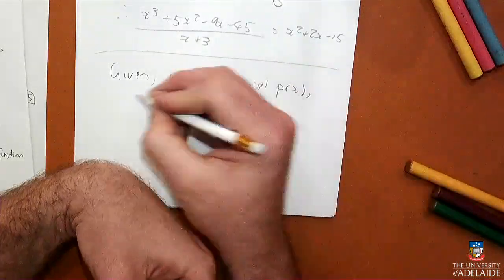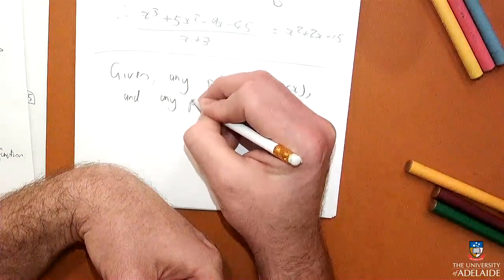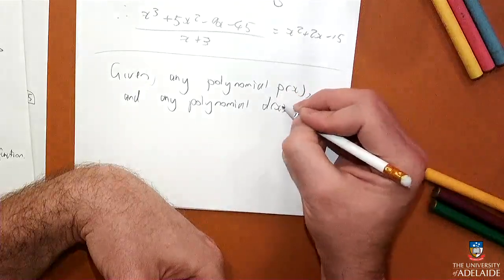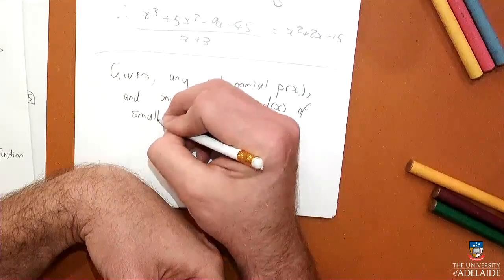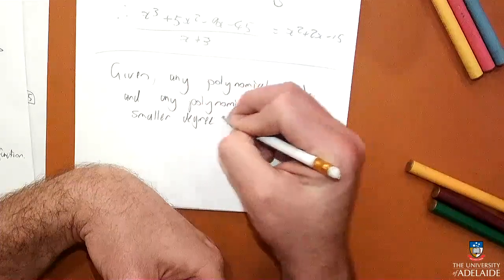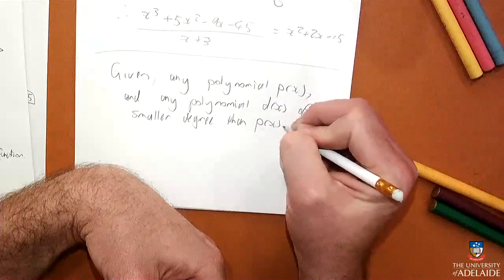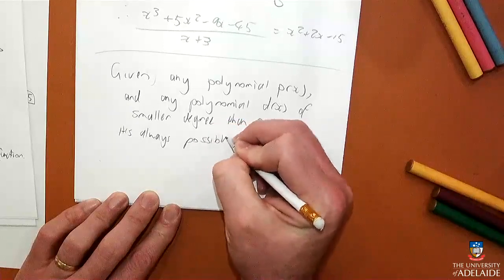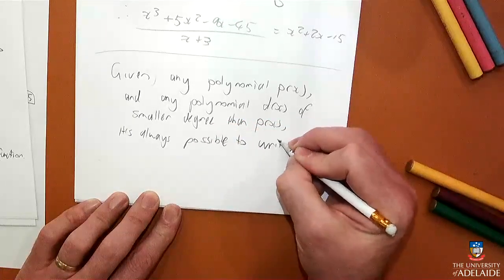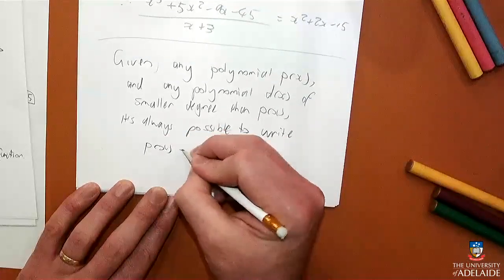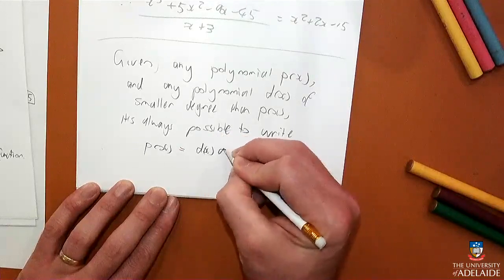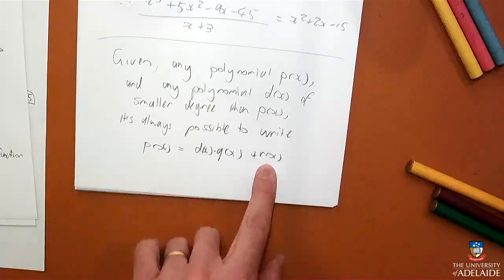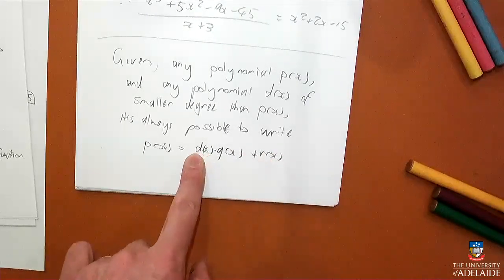So any polynomial p(x), and any polynomial I shall call d(x) of smaller degree than p, it's always possible to write p(x) is d(x) times something plus a little bit left over. And this little bit left over will definitely have properly smaller degree than the d.